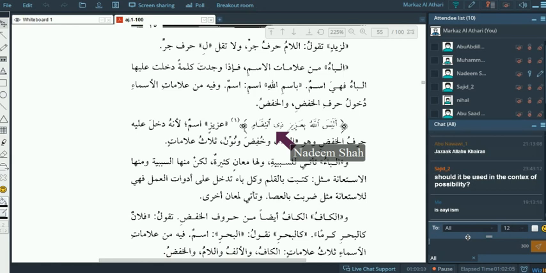Okay, now, in Hans Wehr, this is the dictionary that I mainly use as a quick reference guide.